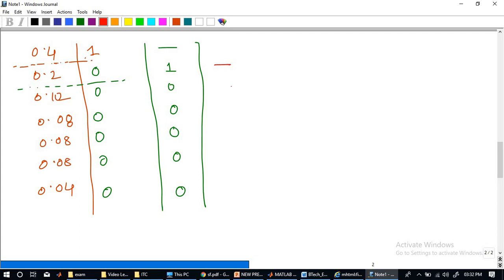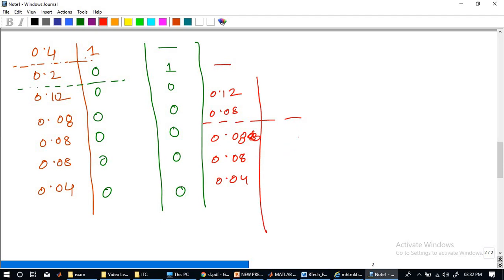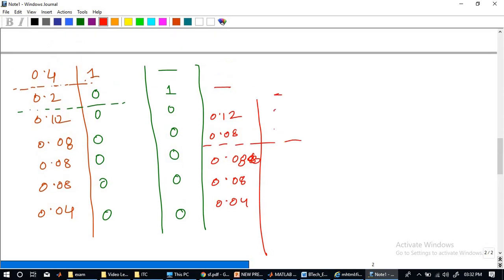First 2 and last 3. Okay, so I'll take 0.12 and 0.08, and this partitions to 0.08 and 0.04. Okay, let it be this way. If this is the case, then we'll put this as 1, this as 1, and this all as zeros. Then again the problem is we have to segregate into these two halves.